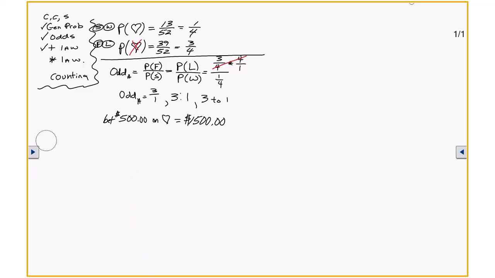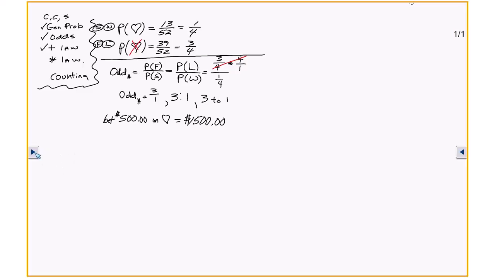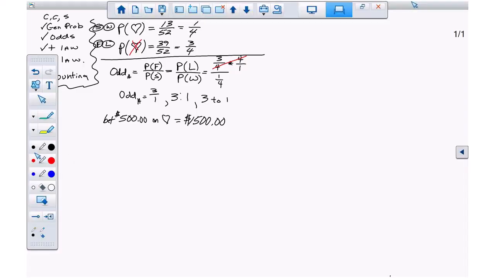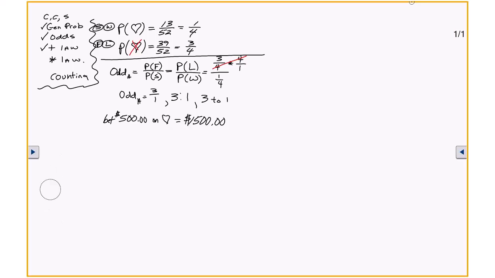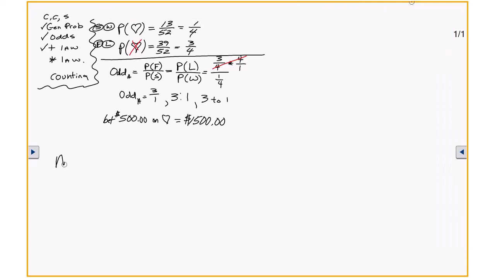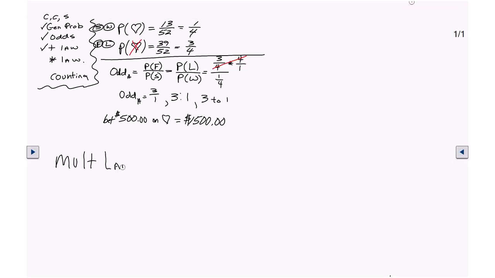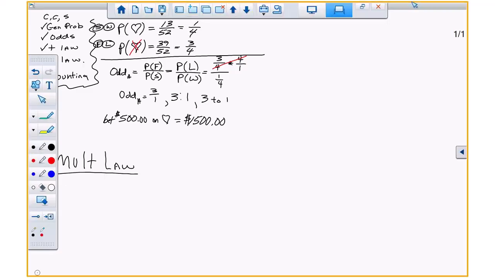Multiplicative law has two things that you need to watch out for. We'll write those in red, just like we did in the additive law.